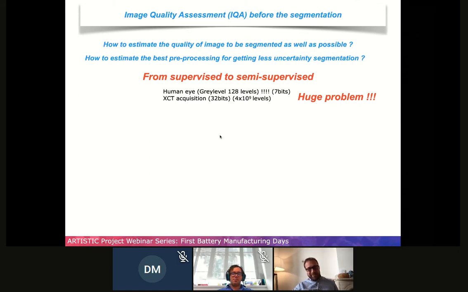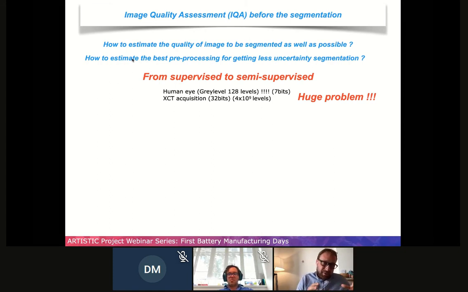Another question is the estimation of the best pre-processing, because sometimes we use a filter to minimize the blur or the noise in the image, and this pre-processing can also induce some uncertainty in the segmentation. So all these questions are crucial in supervised CNN.